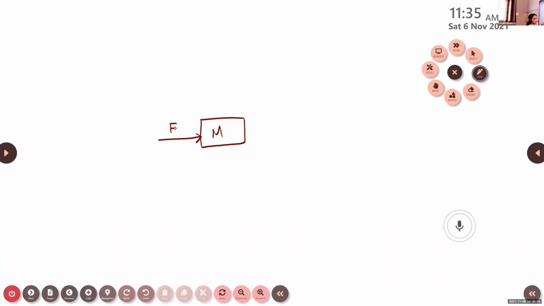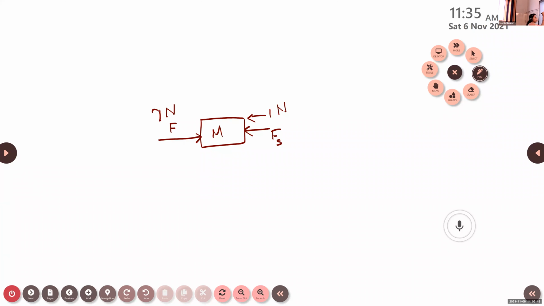At the same time, the static friction Fs also exerts the same force from the opposite direction. For example, if we apply a 1 Newton force on this object of mass m, the static friction also exerts the same 1 Newton force from the opposite direction.